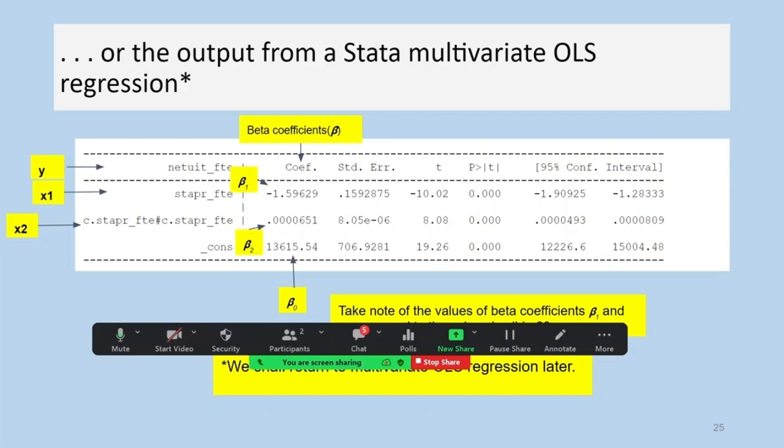It would give you the beta subscript 2, which is that x squared we talked about earlier, and it would give you the value. Notice this is negative, but this is positive, so you get that curve: negative, negative, negative, then an inflection point, and then going up.